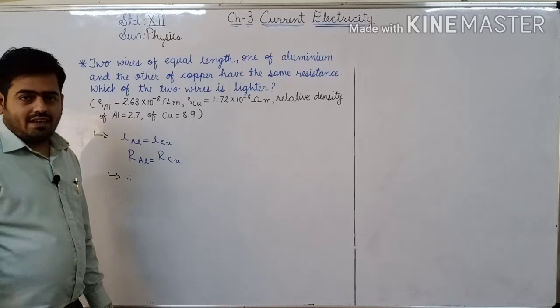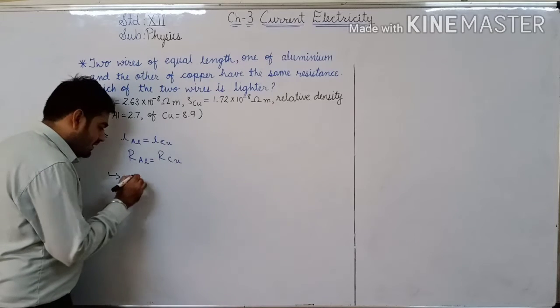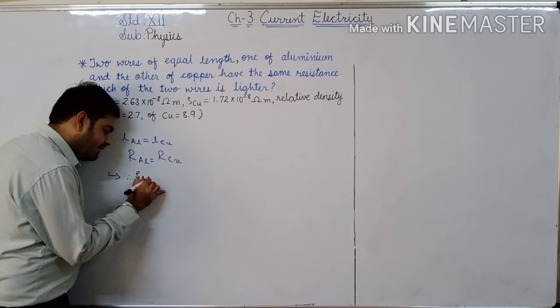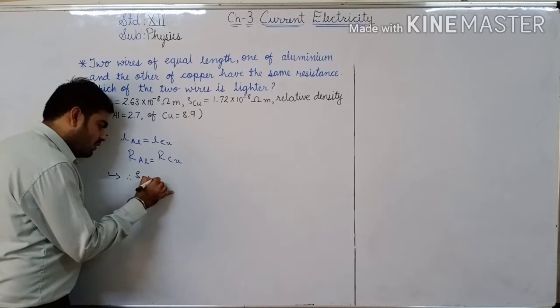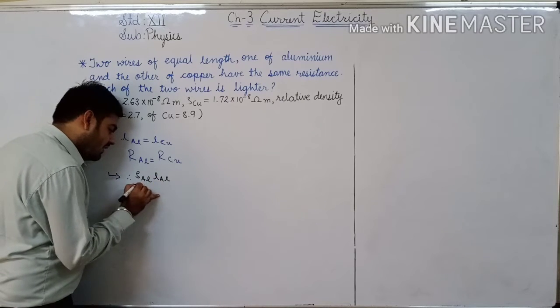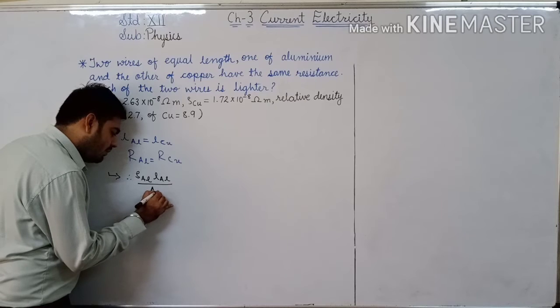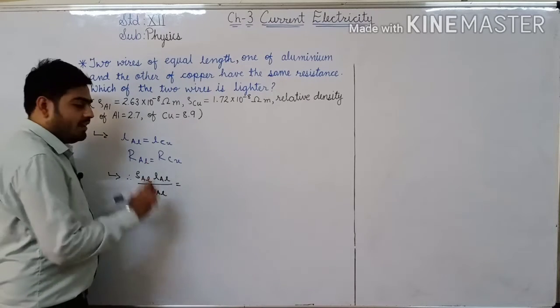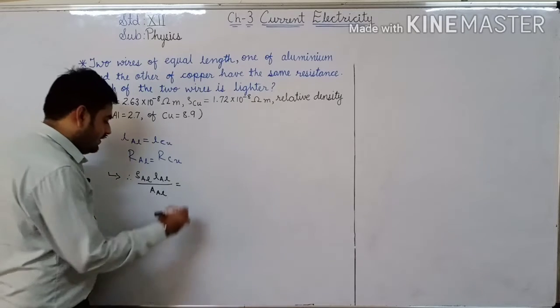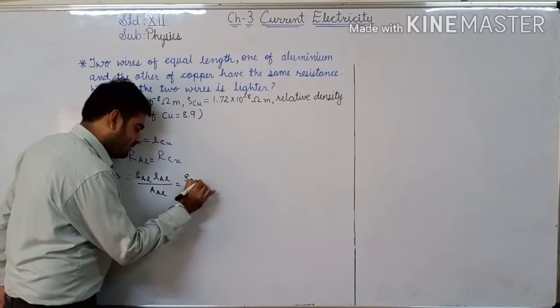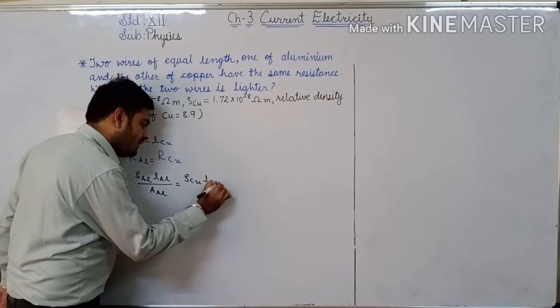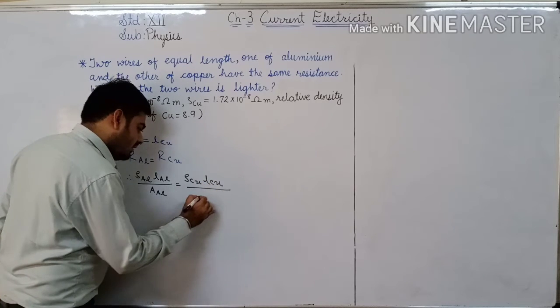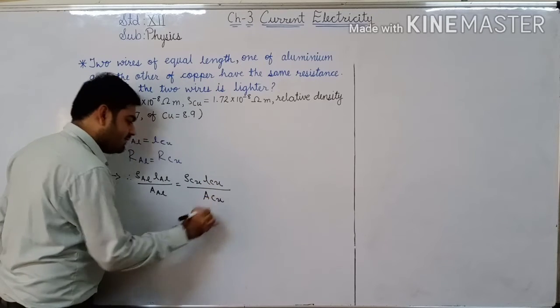Rho L by A. Resistivity of aluminum wire, length of aluminum wire upon area of aluminum wire is equal to resistance of copper wire, resistivity of copper, length of copper upon area of copper wire.